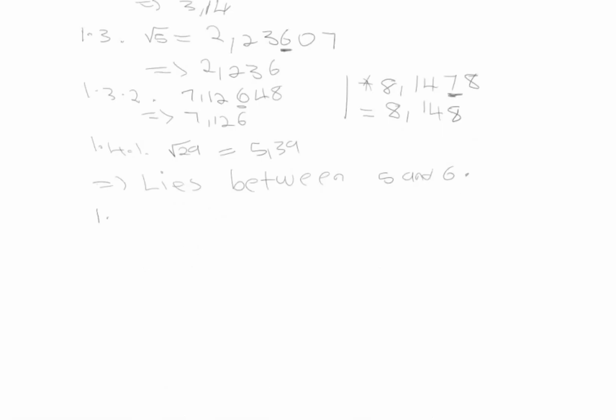The square root of 50 in decimal form is 7,07. So 7,07 lies between 7 and 8.